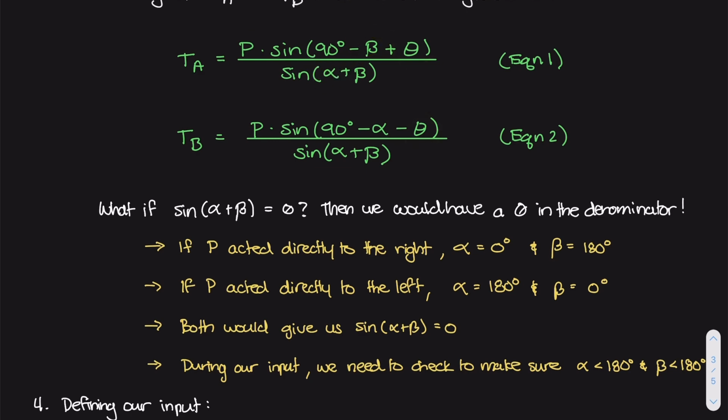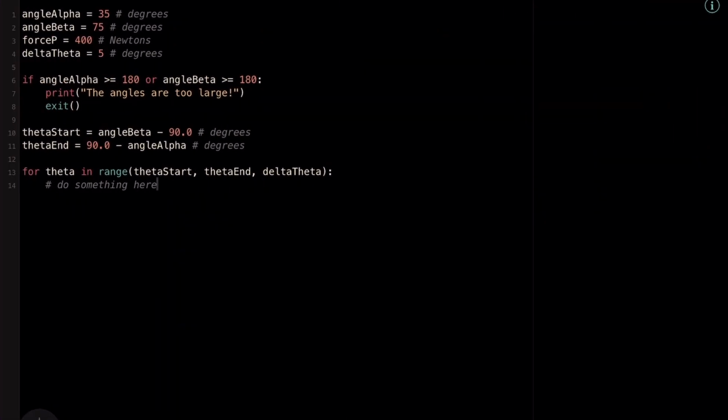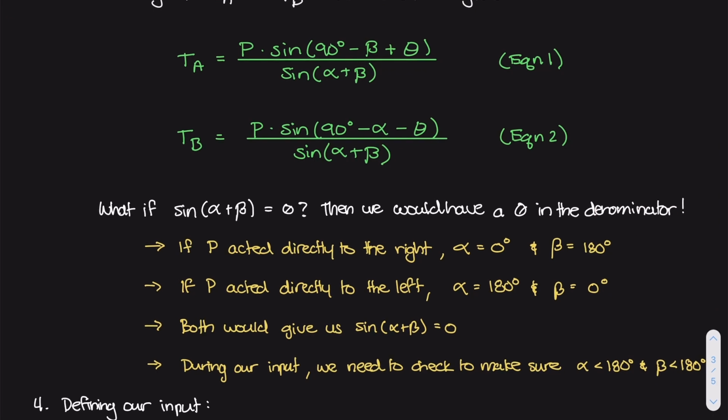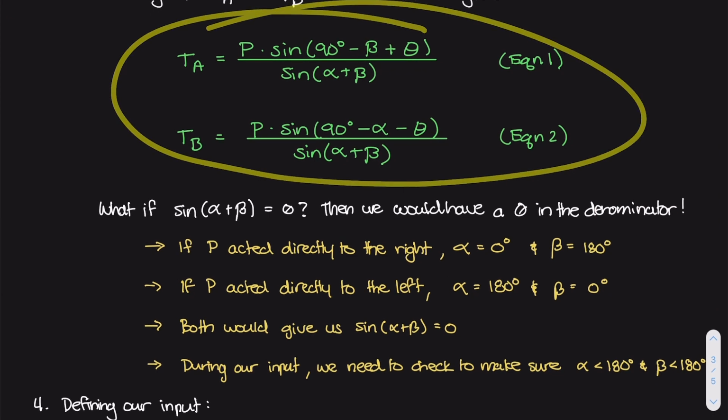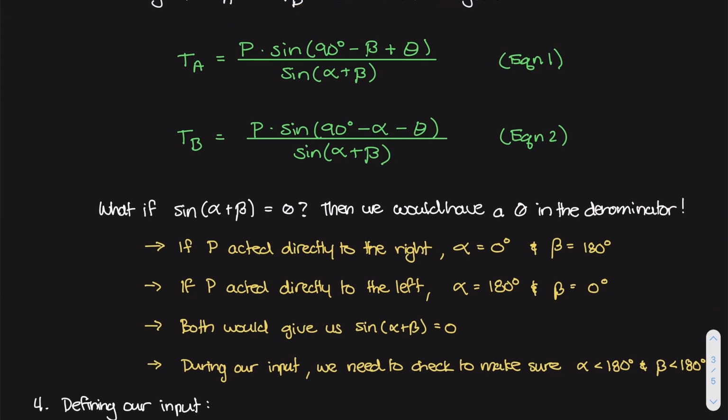So now that we have the outer part of this for loop, let's start writing the equations for tension of A and tension of B. What I'm going to do first is declare a variable called denominator, and that value is going to be equal to sine of alpha plus beta.